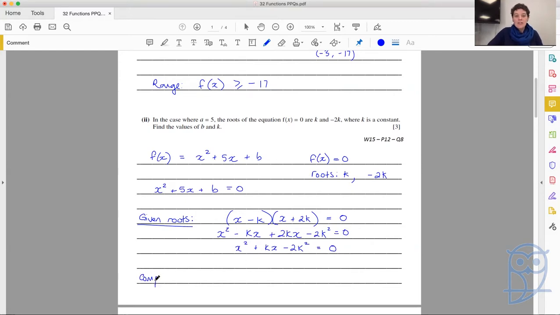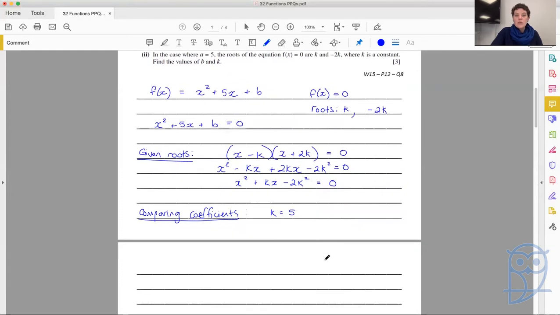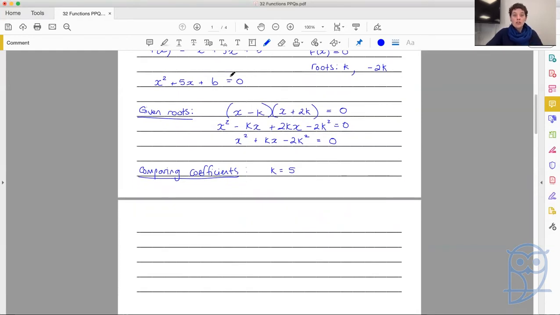So comparing coefficients, we would then be able to see that k equals 5. We can carry on because, of course, if our constant term in our first equation is b, and our constant term in our second equation, which is the same equation, is minus 2k squared, we know that b equals minus 2k squared, but we've got a value for k.